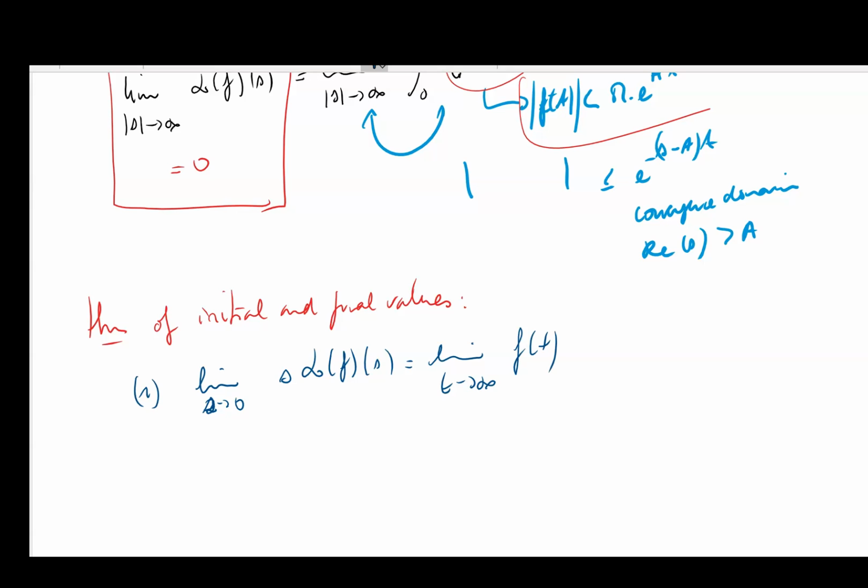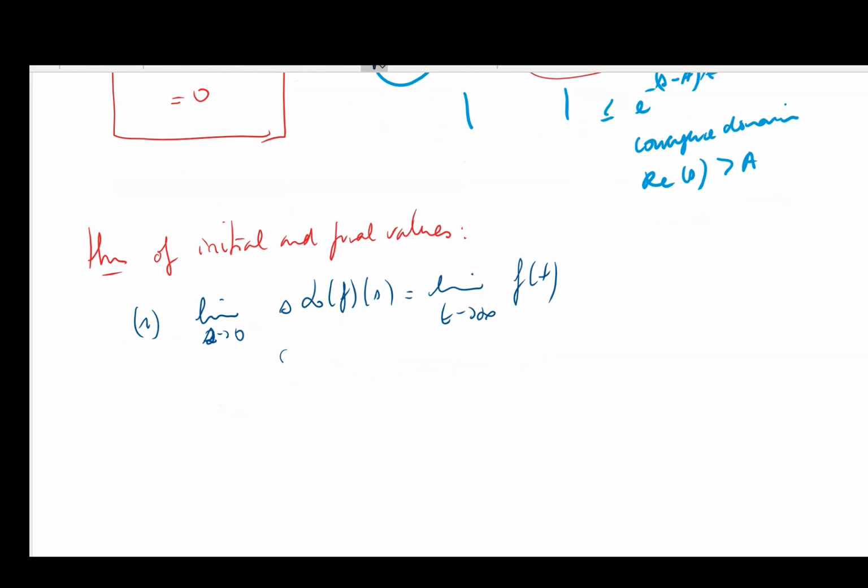Okay, let's see what it has. Maybe that reminds you of the above formula that we obtained for the derivative. What we had found was that L of f prime was actually equal to s L of f of s minus f of 0.